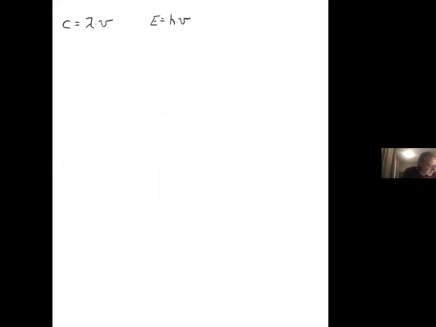But because frequency and wavelength are related, that means that energy and wavelength are related by this equation. So all I did here with this third one was I said wavelength is speed over frequency. So I put speed over wavelength right here for frequency. So now you have speed over wavelength over here. Okay, so these three equations, these are the three that we'll use for these types of problems.